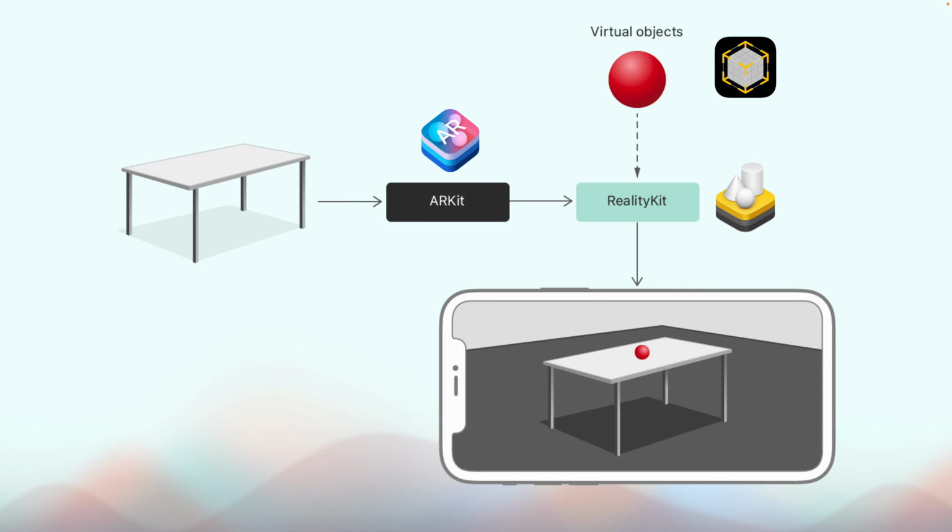And we use Reality Kit to combine the scene that we understand from ARKit with the virtual objects we created in Reality Composer. By using Reality Kit, we're able to build the environments and the experience. So that's an overview of how all of them work together. So that's augmented reality for iOS.